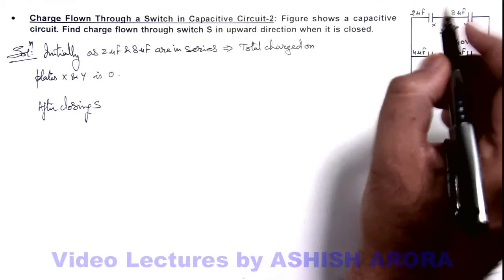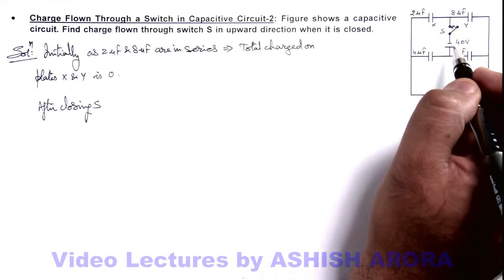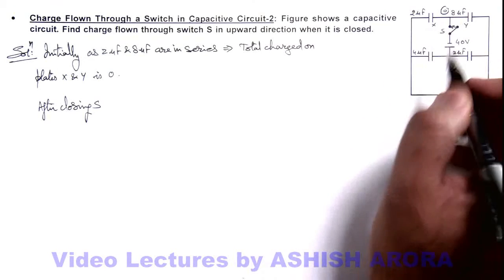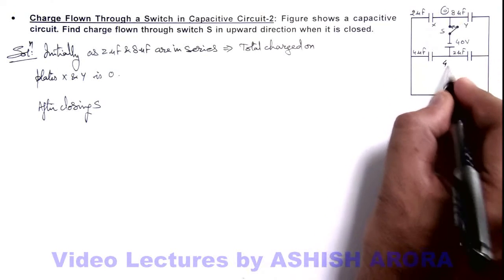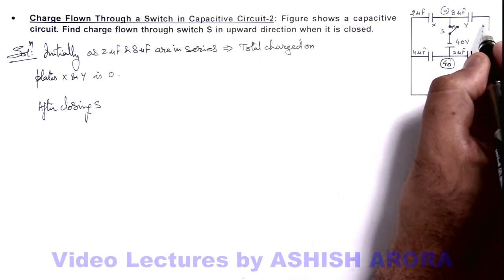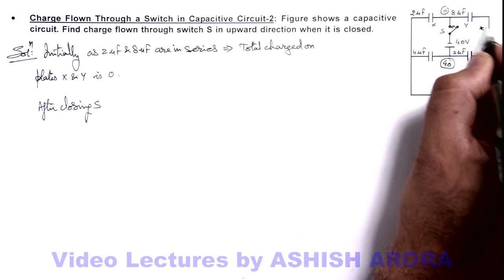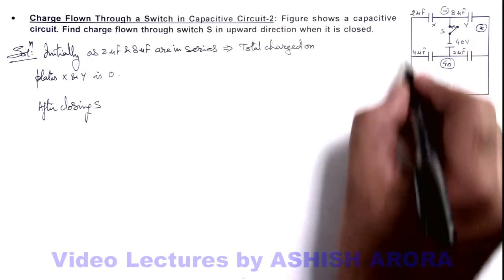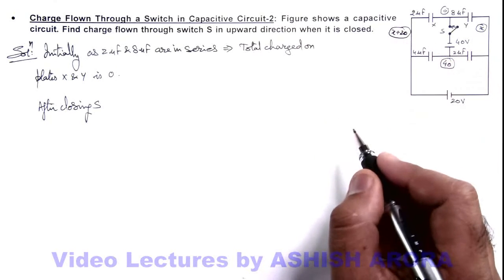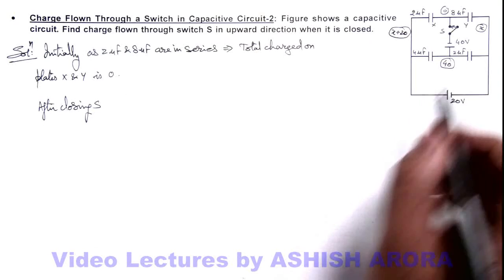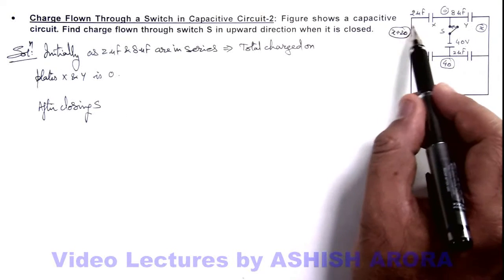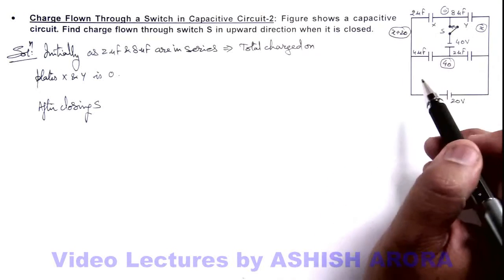Here we can consider the potential at this point to be 0 and at this point it will be 40 volt, and on the other side say here we take potential to be X, then potential at this terminal will be X plus 20. Now in this situation, if we write down the equation for X, this will give us the value of charges on these 2 and 8 microfarad capacitors.